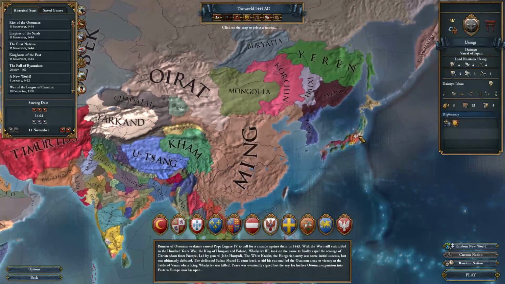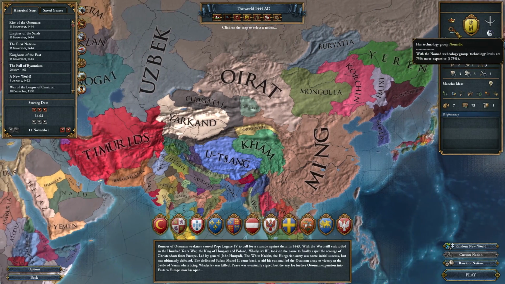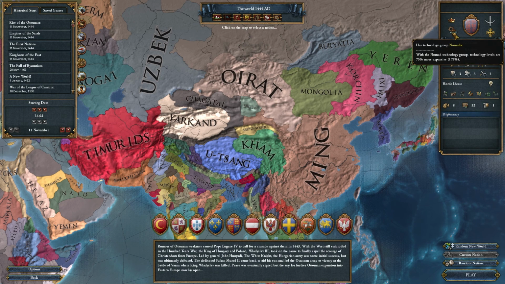After the Chinese tech group, which you can see incorporates even the Japanese, and which I'm sure is historically pleasing, you have the nomadic tech group, which is a 75% cost increase, so 15% more than the Chinese.